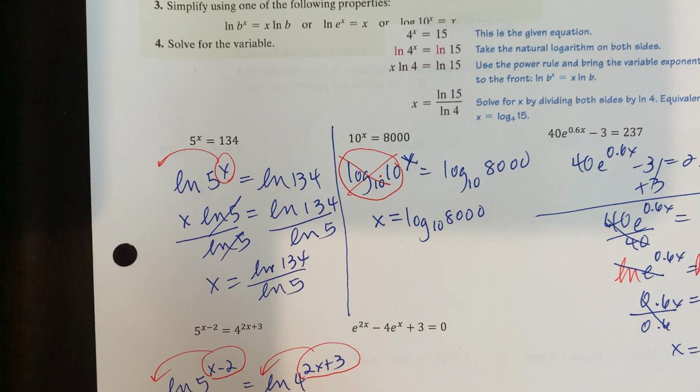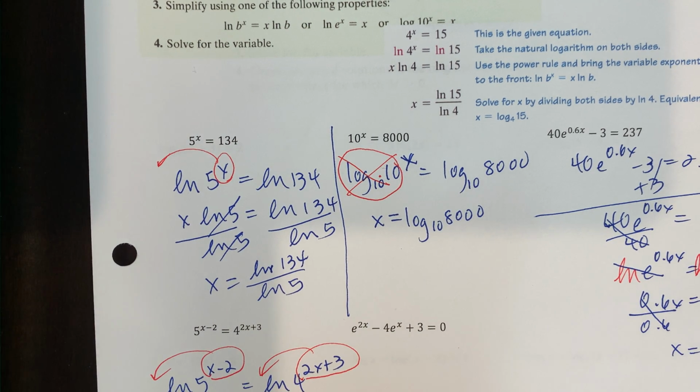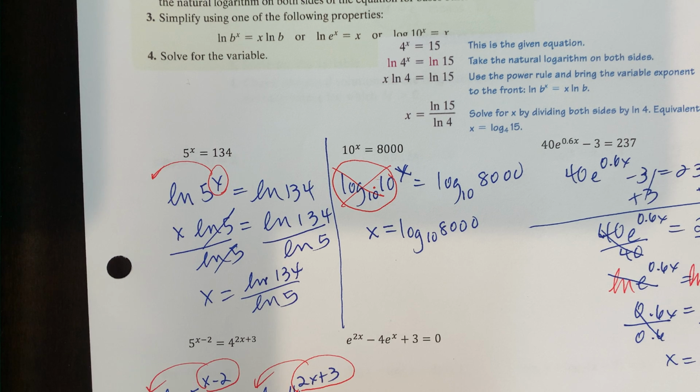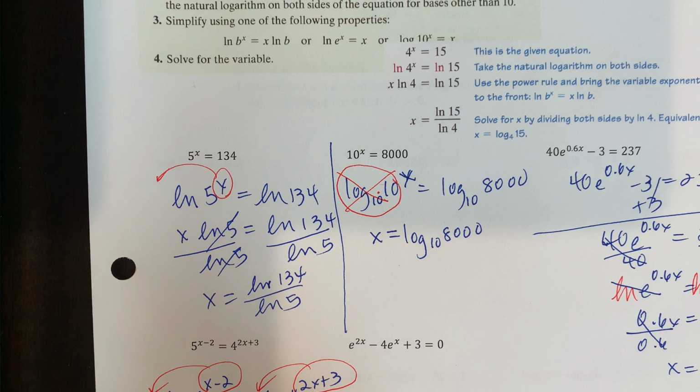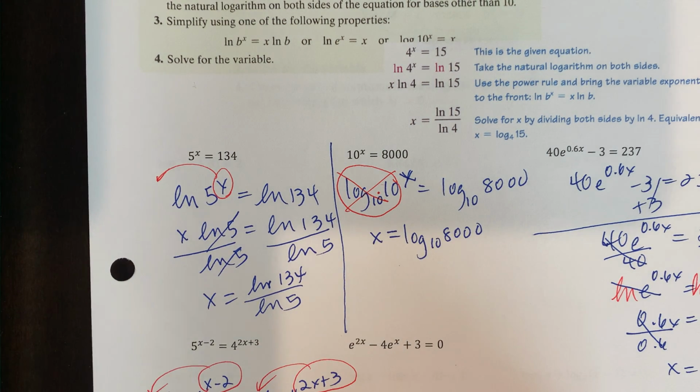Then I'm trying to get my x's by themselves. So the next thing I can do is rewrite this as two problems: x ln 5 minus 2 ln 5 equals 2x ln 4 plus 3 ln 4.